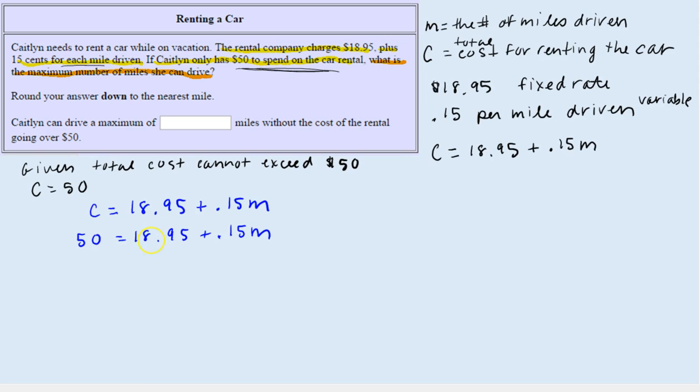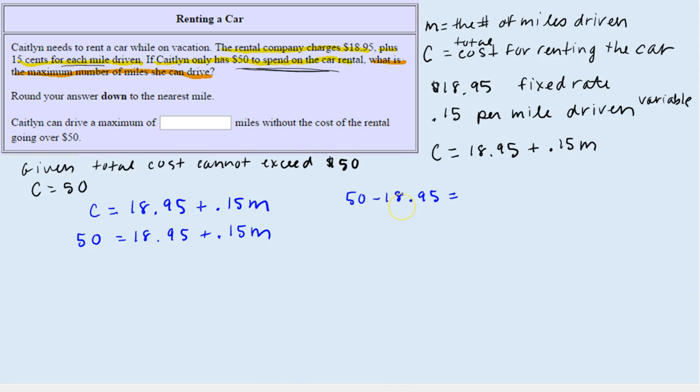So let's just stop and think about this situation. This is one that I think a lot of students could figure out without using the algebra, but it's important to learn to use the algebra to represent this. Well, if it's going to be $50 and she spends $18.95 just to take the car out, that would leave us a difference of 50 minus $18.95 for the number of miles she could drive.